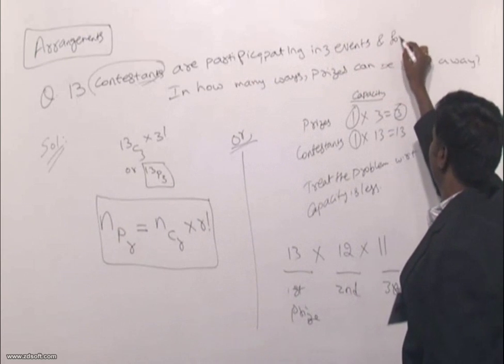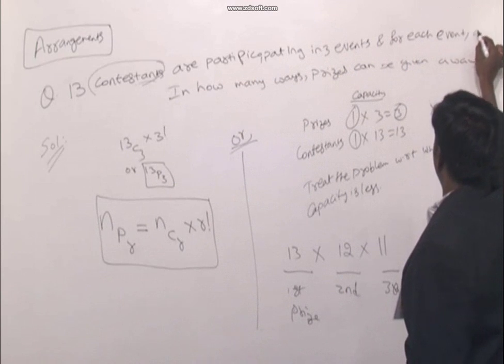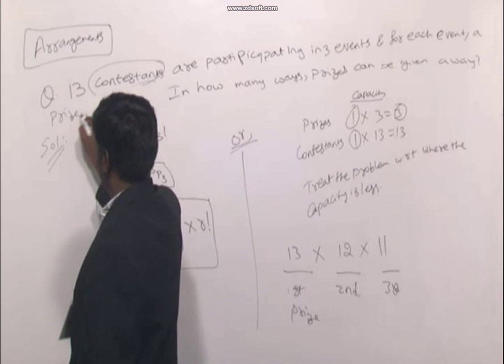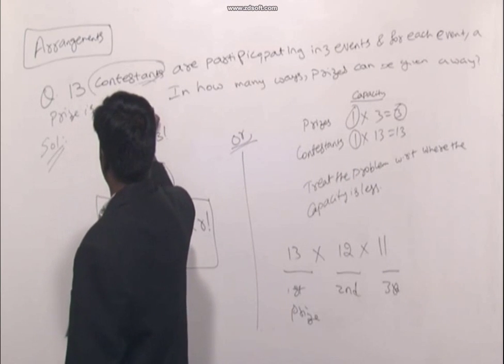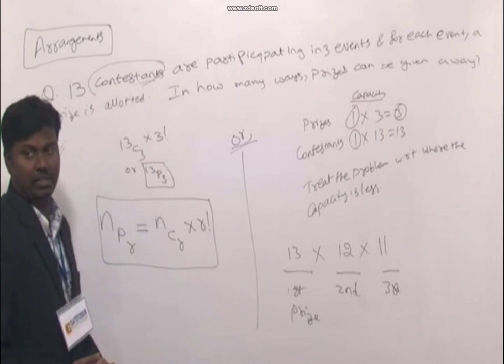And for each event, a prize is allotted. In how many ways can prizes be given away? Try this problem.